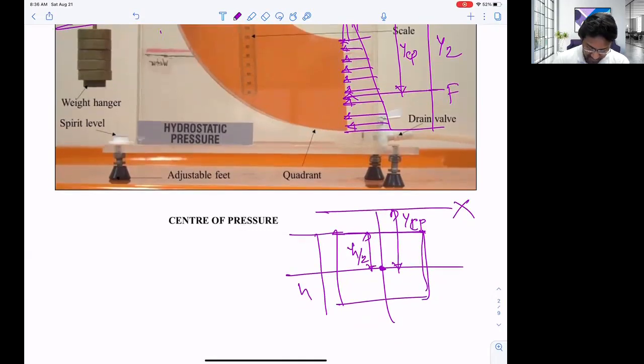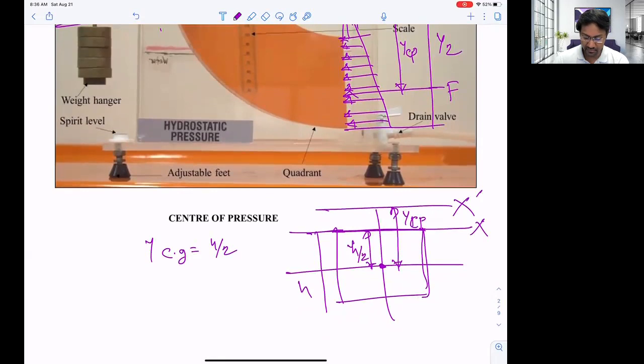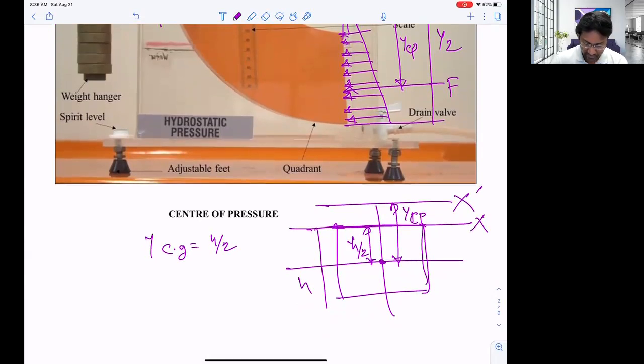So for this one, what is the Cg? yCg is h/2. That is from the top, this axis, the x-axis, that is x bar. We are just transferring the axis. If you want to calculate the center of gravity from that x prime axis, we know the axis transfer formula, right? So I'm just assigning this distance yCp.